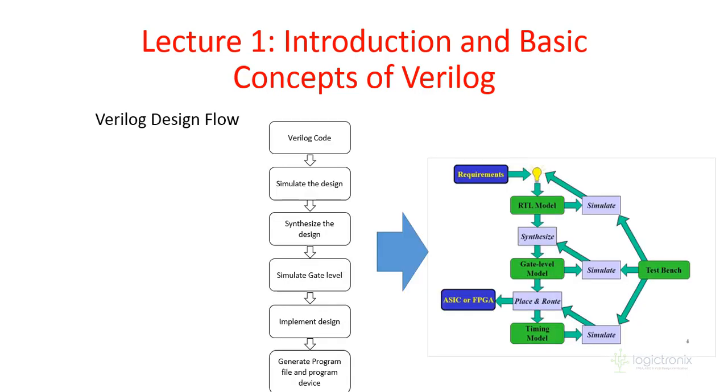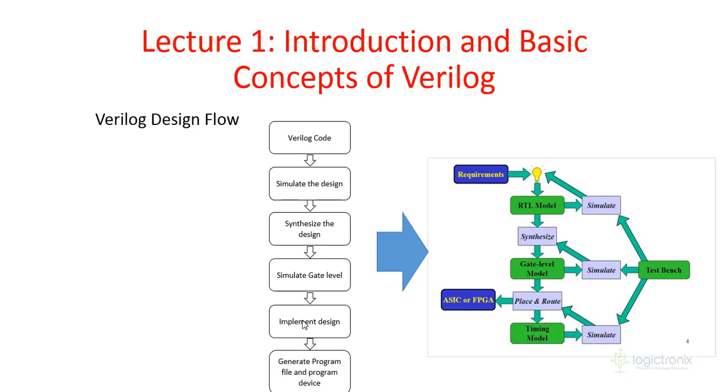So here is the Verilog design flow. We can see that starting from the Verilog code, we do the simulation and we do the synthesis process. After the simulation and synthesis complete, there will be some gate level simulation or re-simulation. That means simulation can be done in a number of steps, because simulation is just the testing of the modules or the algorithm.